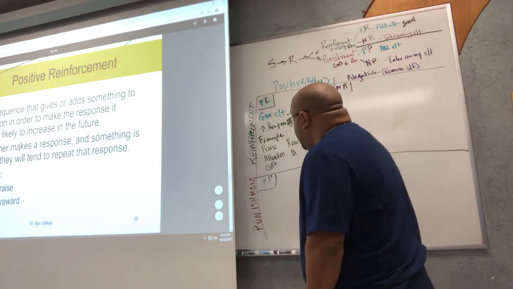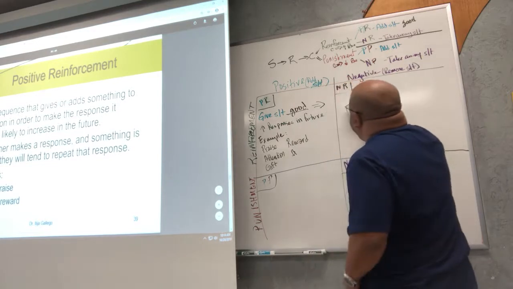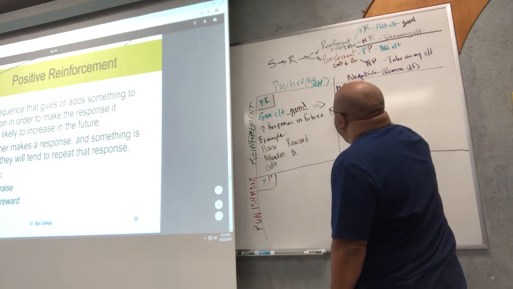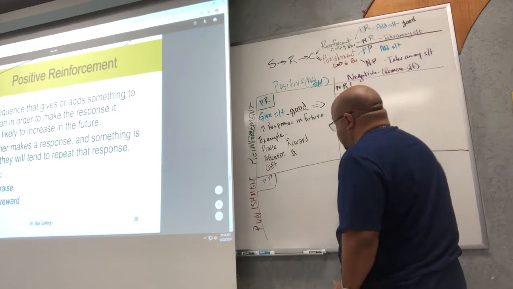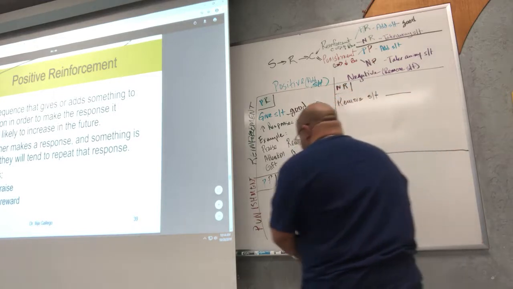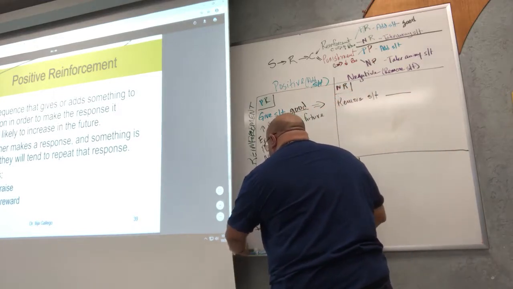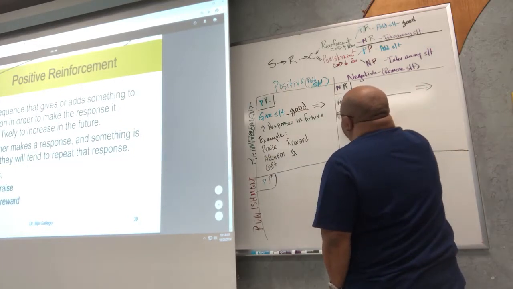Now, we're going to talk about negative reinforcement. So negative means I'm going to take away something. So I'm going to remove something. And the outcome is going to be reinforcement. So what's it going to do to the behavior?